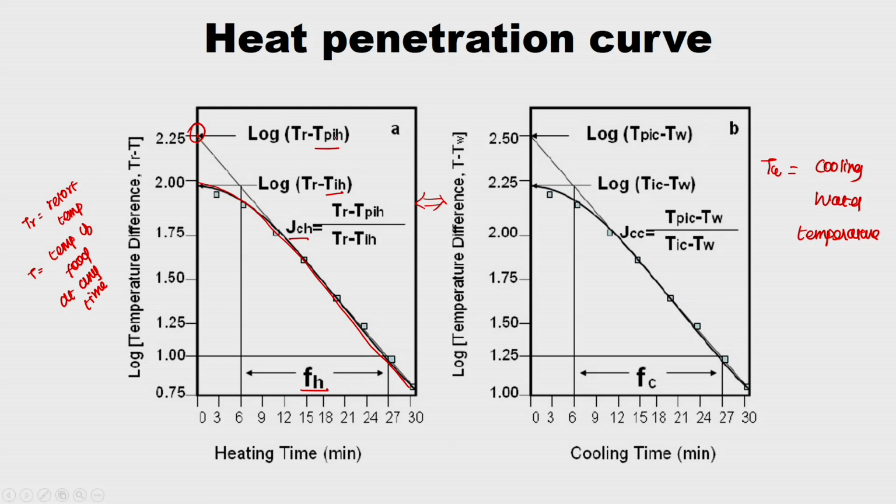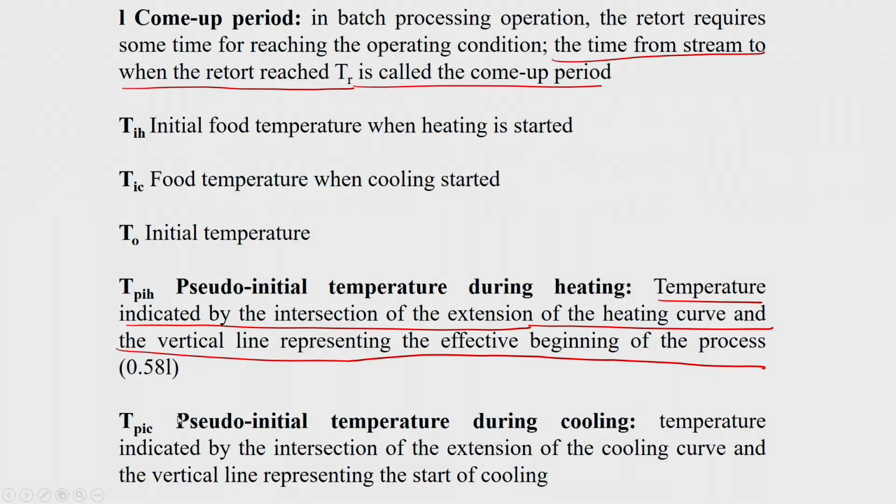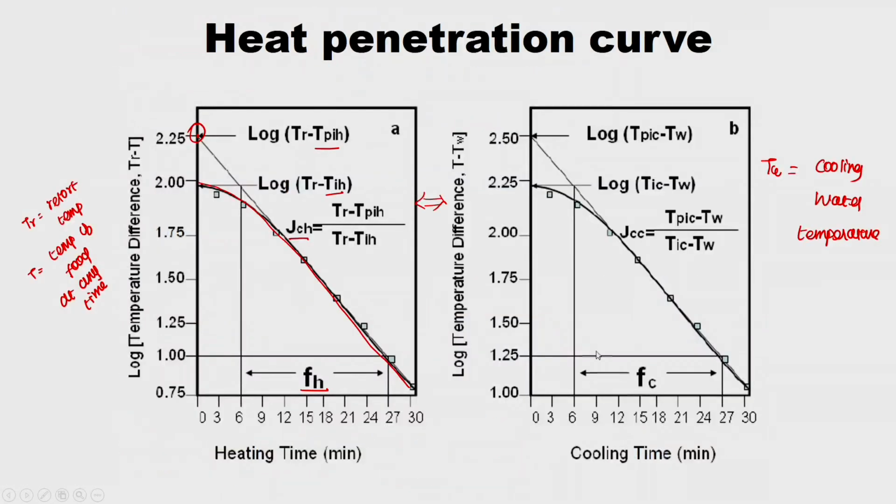Since we have taken the temperature difference TR minus T, this is nothing but log of TR minus TPIH. And similarly, there is pseudo initial temperature during cooling. I will extend my linear cooling curve to the point where it cuts the y axis.